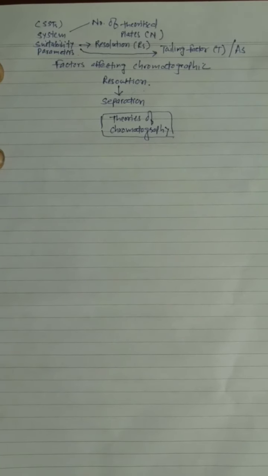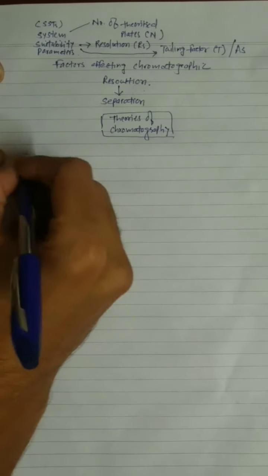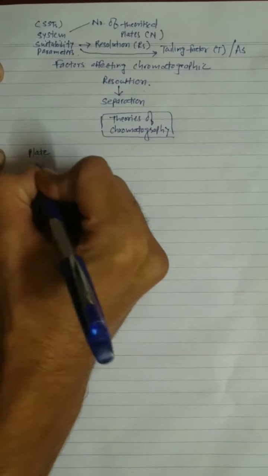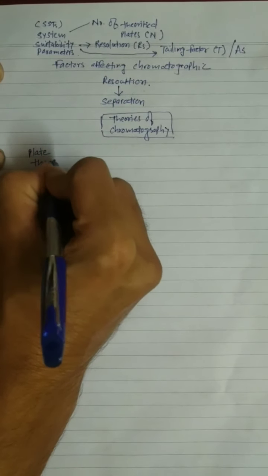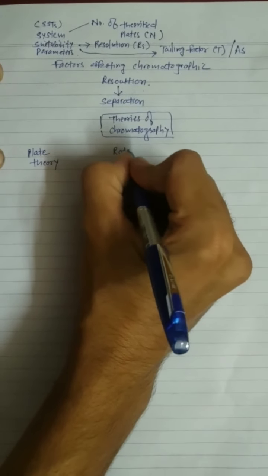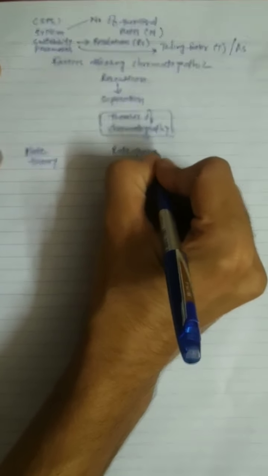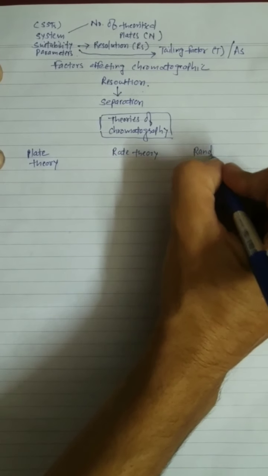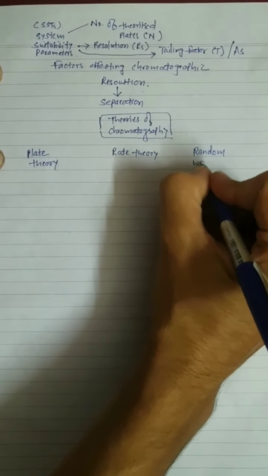Now we have three different theories which suggest how the separation in a chromatographic column is taking place. The first theory is known as plate theory. The second theory is known as rate theory, and the last theory is known as random walk theory.